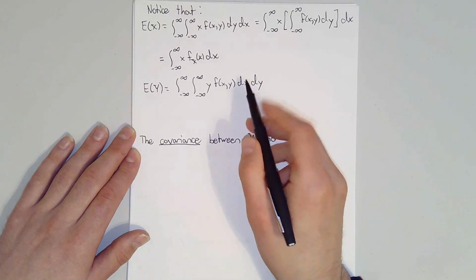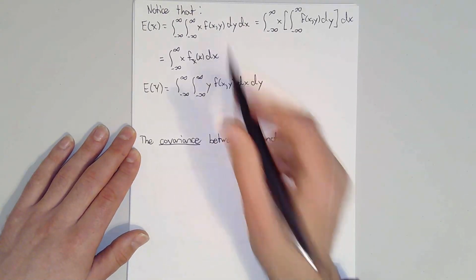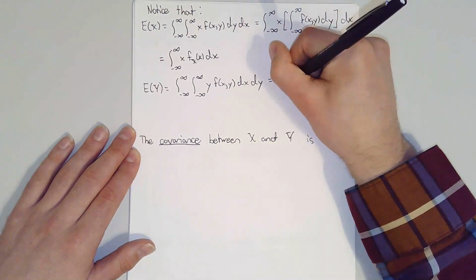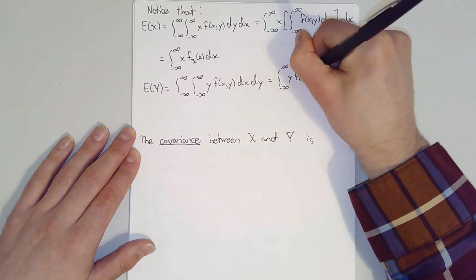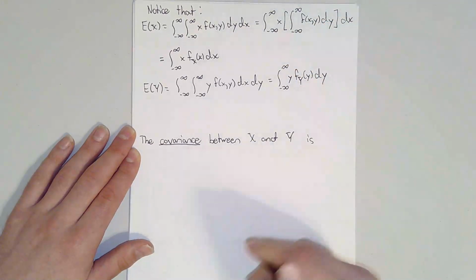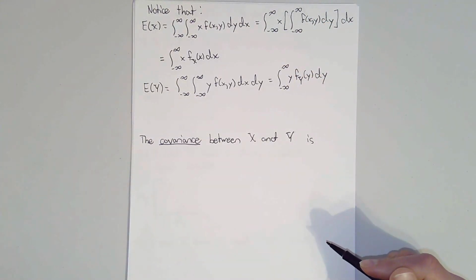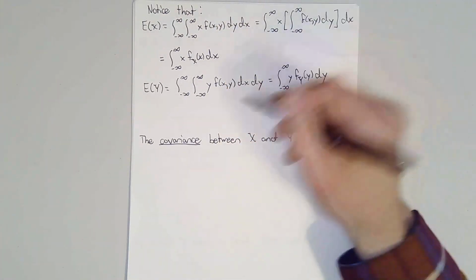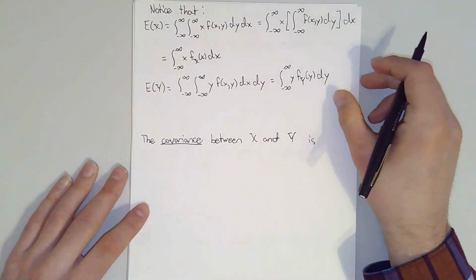Notice here, the idea is to switch the order of integration so you can mimic the above procedure. It produces the same result but with y. So expectation is the same in how we've defined it in terms of the joint PDF as opposed to the PDF with respect to x or the PDF with respect to y.